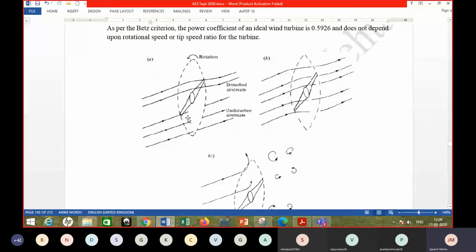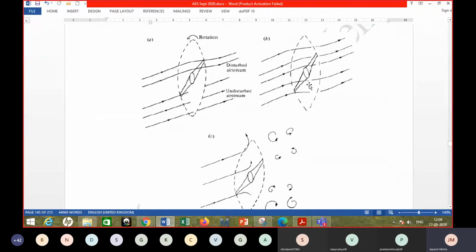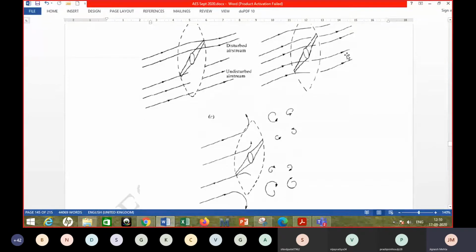Because if you allow some air to pass through without getting disturbed, it doesn't contribute to the power generation. So you should rotate it at enough speed so that it comes in contact with all the streams of air, and in that case all streams of air are going to get disturbed.